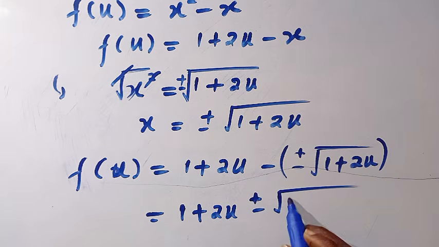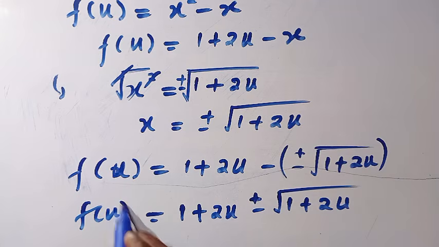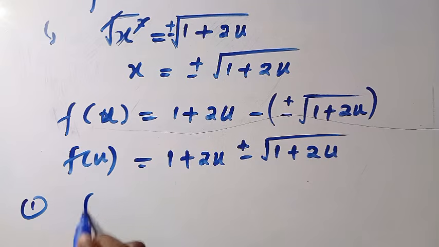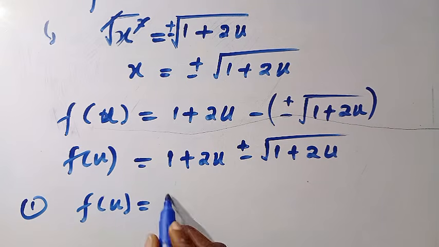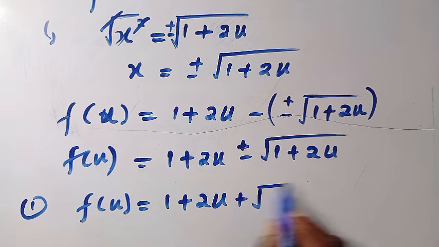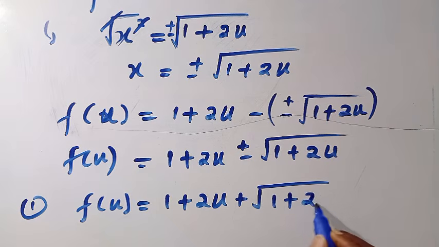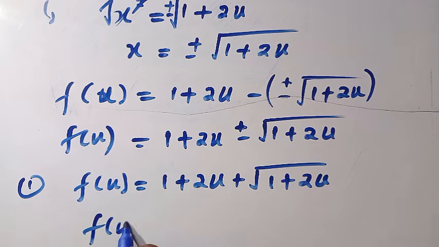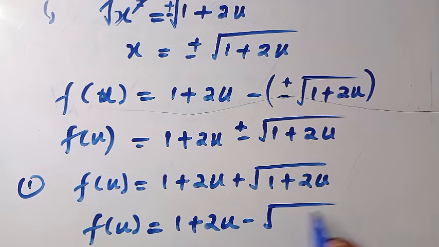We have the square root of 1 plus 2u. So there are two solutions. So the first one is f of u equals 1 plus 2u plus square root of 1 plus 2u. And again, we have f of u equals 1 plus 2u minus square root of 1 plus 2u.